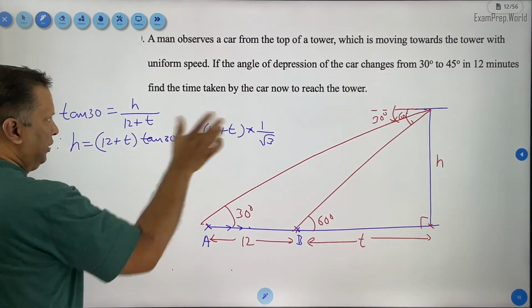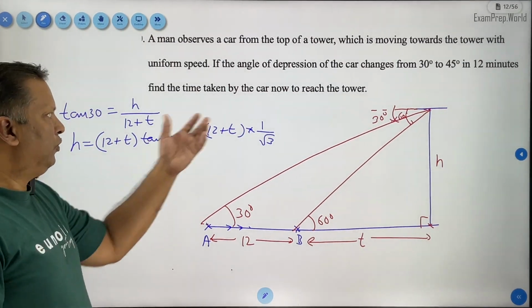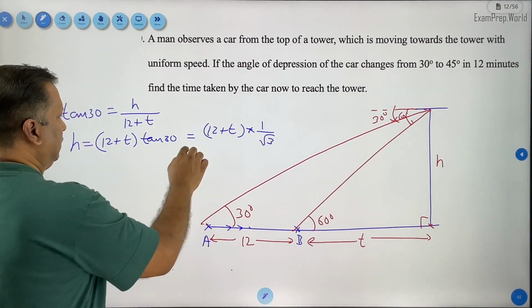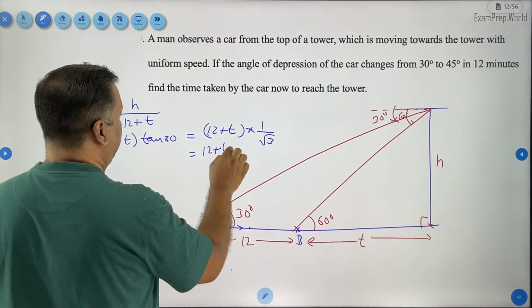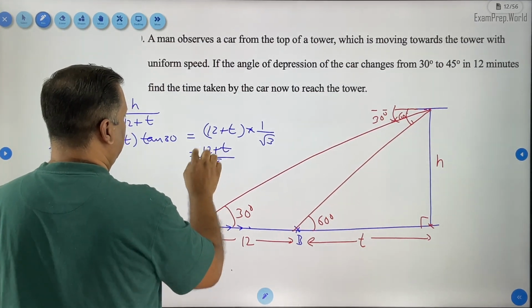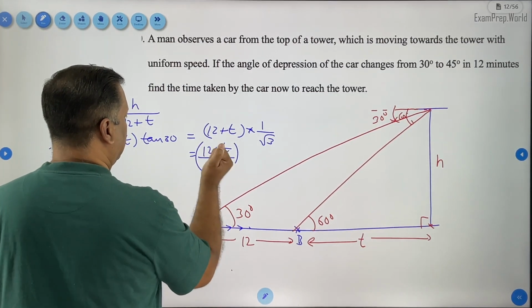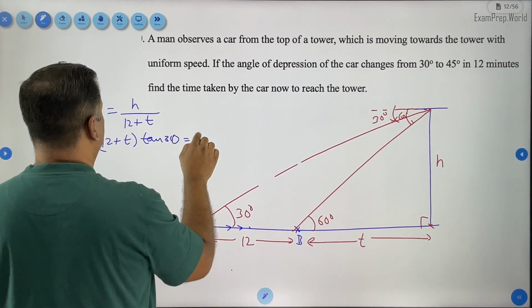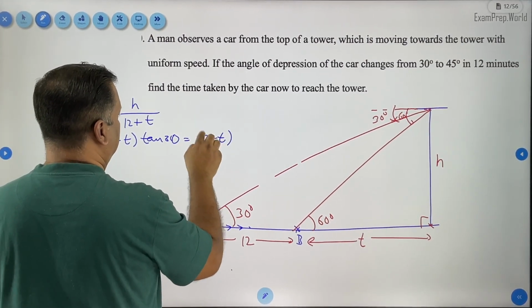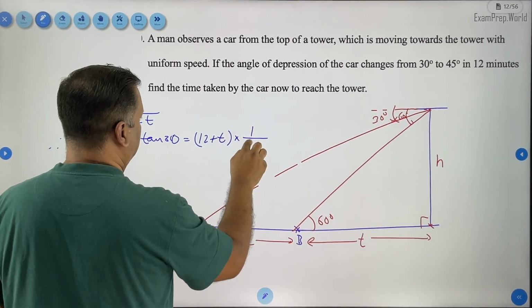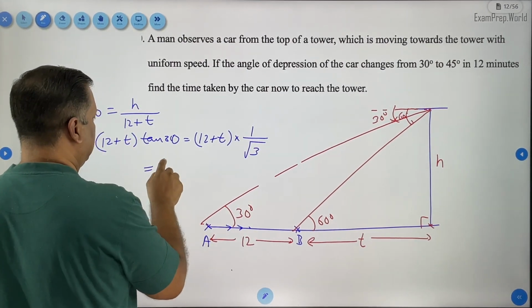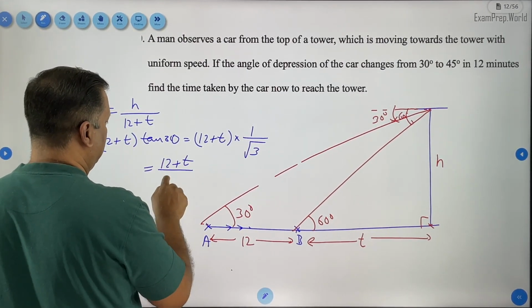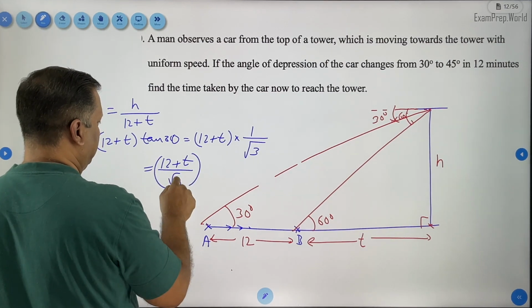I am keeping the value of tan 30 so that our further job becomes easy. So this is 12 plus t divided by root 3.